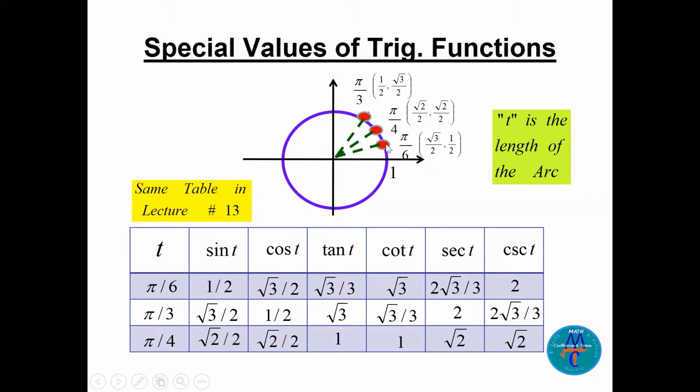Since we are on the unit circle, for pi over 6 you can remember also the point, which is square root of 3 over 2 comma half. Also for pi over 4, you can remember this point. Pi over 3, you can remember this point. So always the sine is the y value and the cosine is the x value, as in the definition.